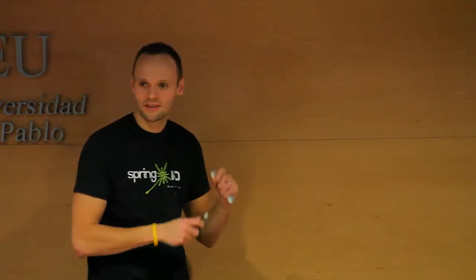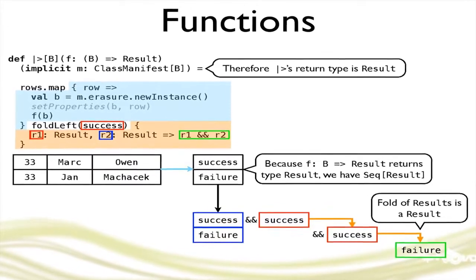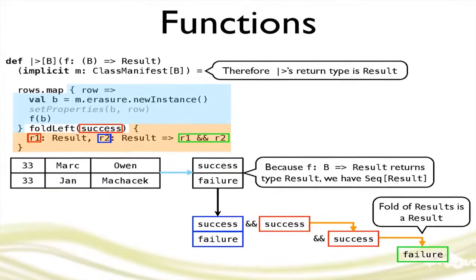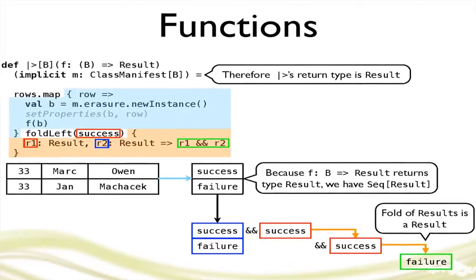Now, quite helpfully, and this is a really, really cool thing about Scala, the compiler will implicitly, if I ask for it, give me a class manifest of the type B, which means that I can create instances of that B. That you couldn't do with Java generics. Well, you could, but there's a horrible hacky way of discovering what is the generic parameter.